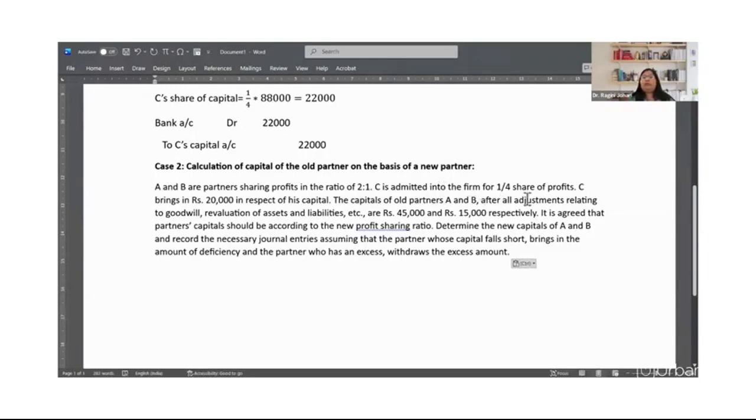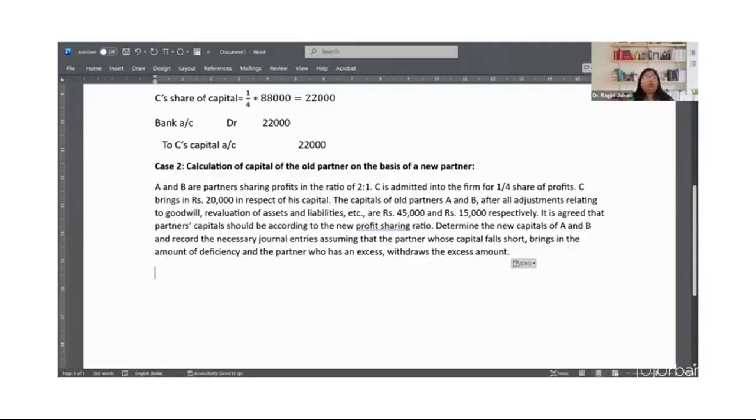C is admitted into the firm for 1/4 share of profit. C brings in 20,000 in respect of his capital. Capitals of old partners A and B after all adjustments relating to goodwill, revaluation of assets and liabilities, etc. are 45,000 and 15,000 respectively. It is agreed that partners' capital should be according to the new profit sharing ratio. So A and B's new capital has to be determined and necessary journal entries have to be made.